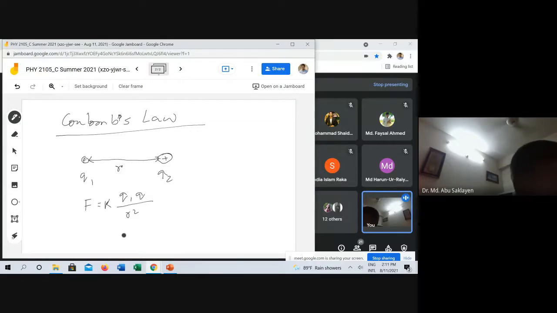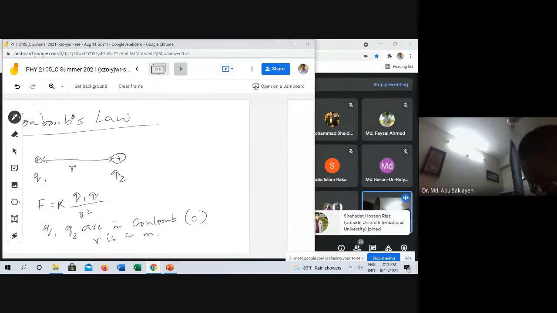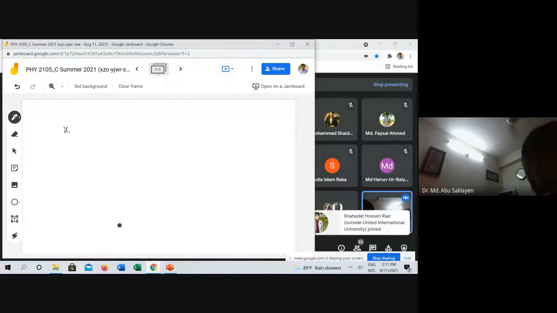And if you consider Q1 and Q2 in Coulomb, it is C, and r is in meter.